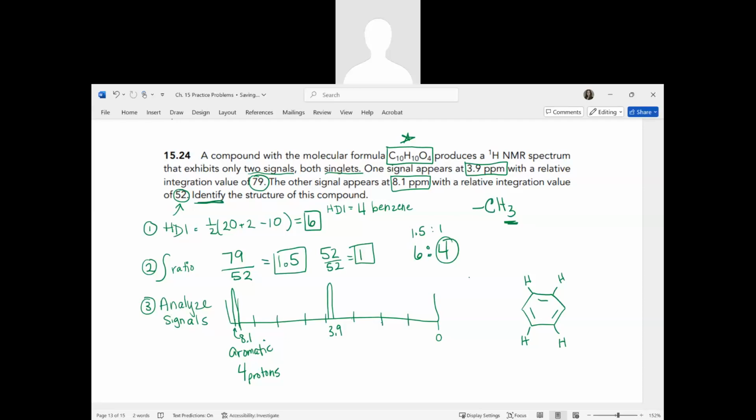And this chemical shift around 3.9 would be consistent with methyl groups attached to the oxygen of an ether, or actually the oxygen of an ester, right? Because we need a shift of about 3.0.